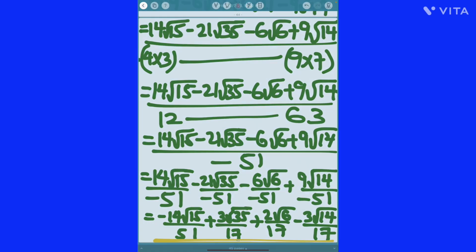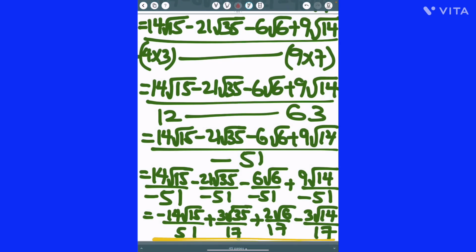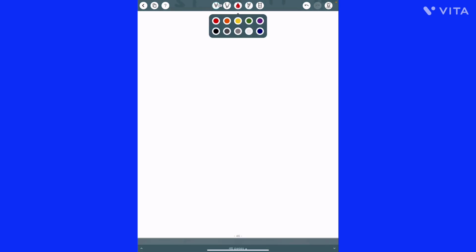Let me give you an exercise to practice. Classwork. Let's use exercise. Rationalize and simplify each of the following.